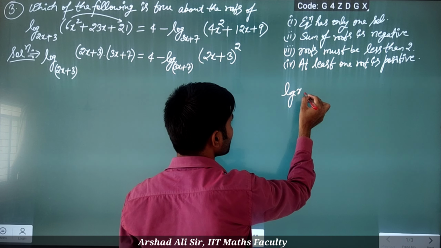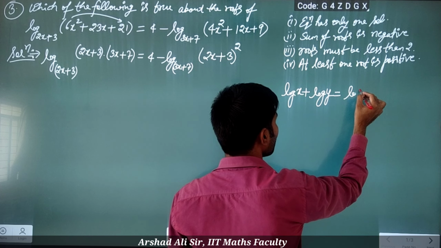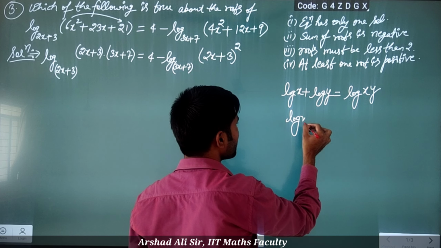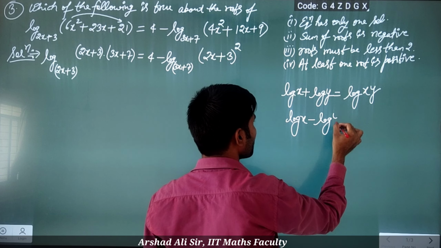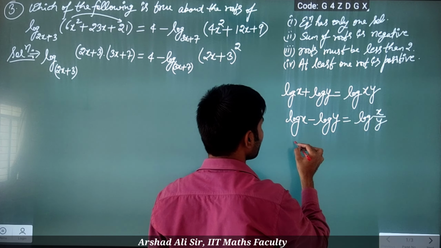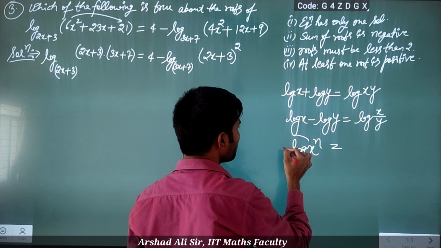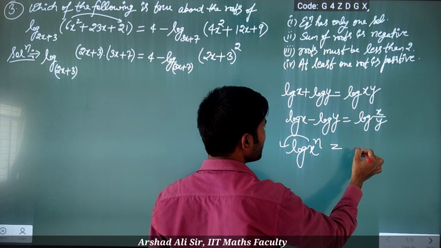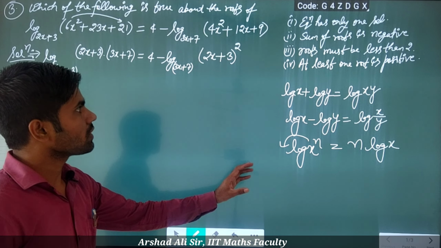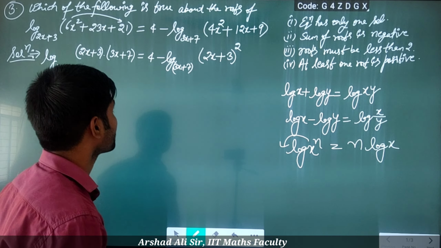Already we know log x plus log y is equal to log of x into y. If we have a minus sign, log x minus log y, we can write it as division, log of x divided by y. If we have log of x to the power n, then n will be multiplied, so we can write n log x. Now here we should remember one thing: the base should be the same. If the base is the same, then these formulae are applicable, otherwise not.